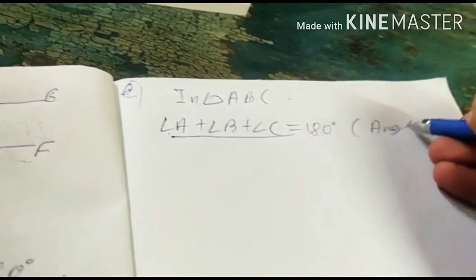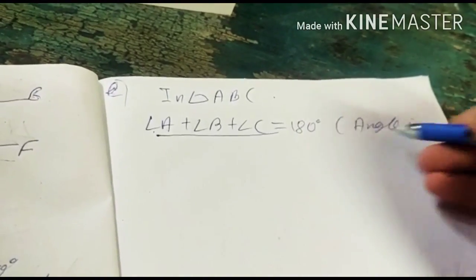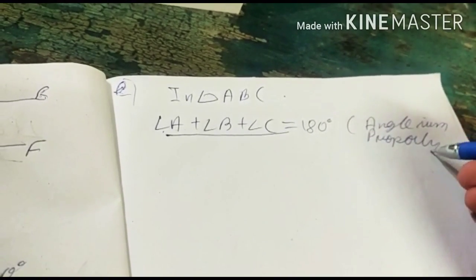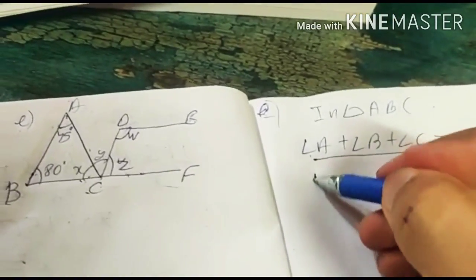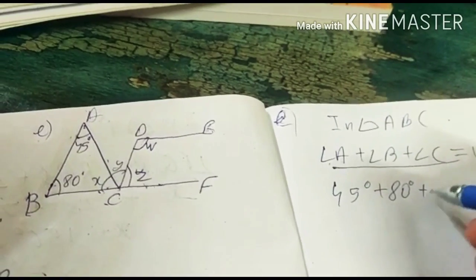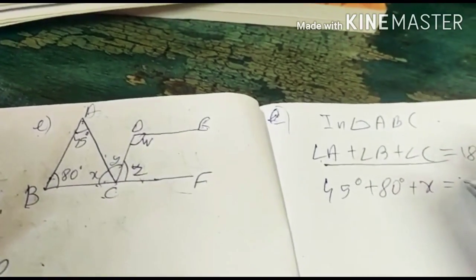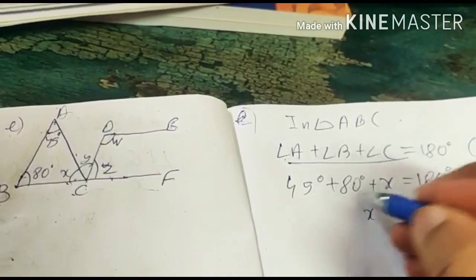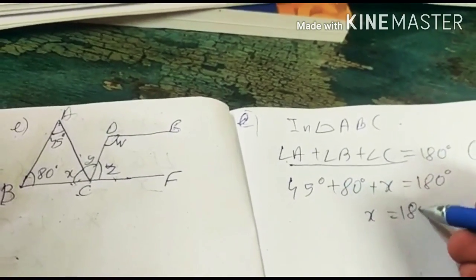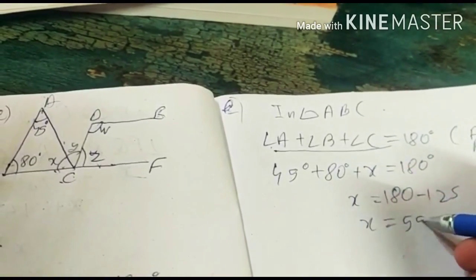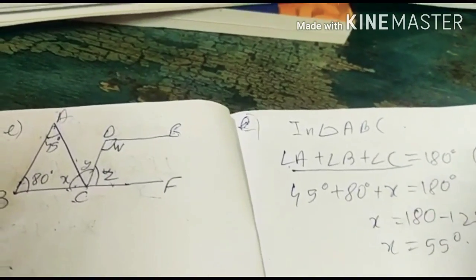Angle sum property. Never forget to write the properties you are using in the question. Angle sum property. So 45 degrees plus B 80 degrees plus C x degrees, x equals 180 minus 125, x equals 55 degrees.